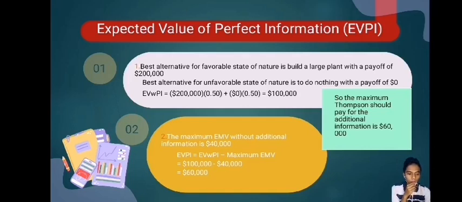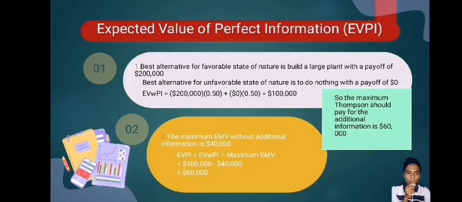Again, let's apply the formula given. The best alternative for the favorable state of nature is to build a large plant with a payoff of 200,000, then the best alternative for the unfavorable state of nature is to do nothing with a payoff of 0.